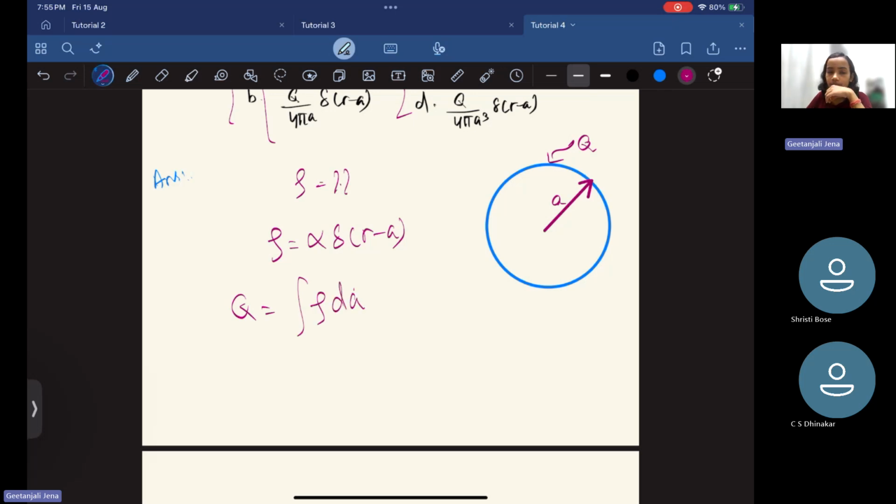Don't take dV because it's a spherical surface. The rho may be confusing here, but this will be dA. So rho is alpha delta of R prime minus A, and dA for this spherical surface is R prime square sin theta d theta d phi.